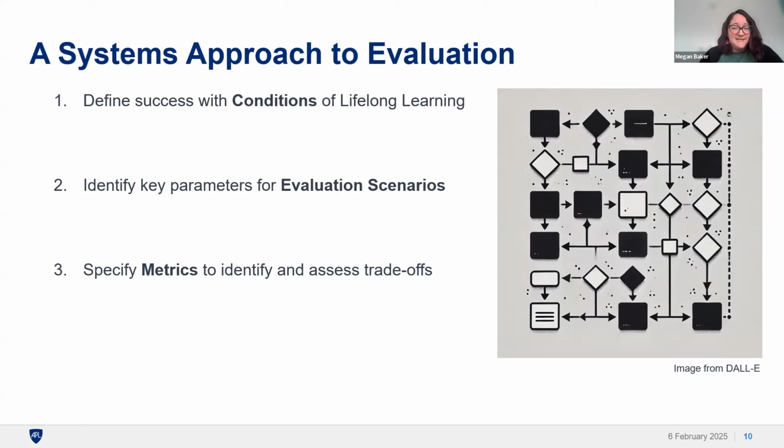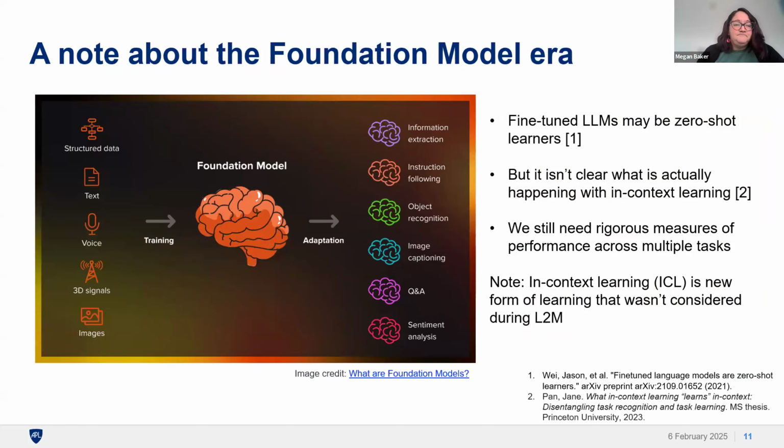The set of all possible scenarios is very large, so what are the key drivers for performance, or what do we imagine those might be, and how can we make sure to assess the systems along those axes? And number three, we needed to specify these metrics, these meta metrics, to identify and assess the trade-offs that may be happening when we introduce new components, or where we're aiming for increased performance in one particular domain.